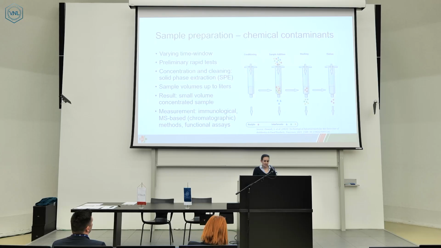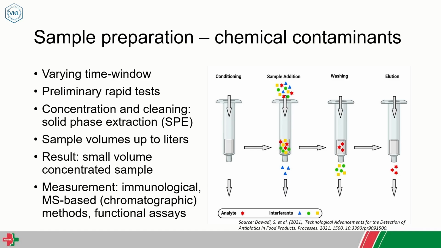In the case of chemical contaminants, the time window is usually wider. We can use preliminary rapid tests, but maybe the most used method, or after these tests, is solid phase extraction.